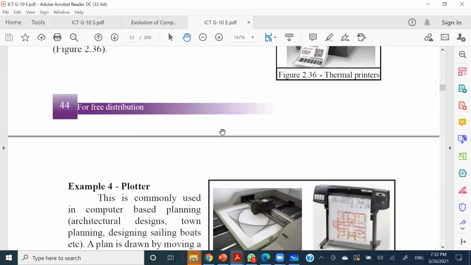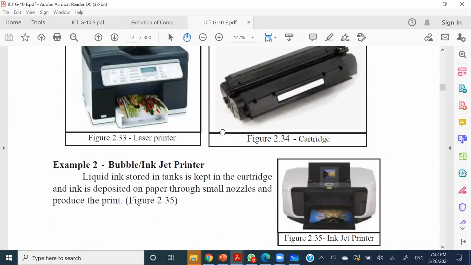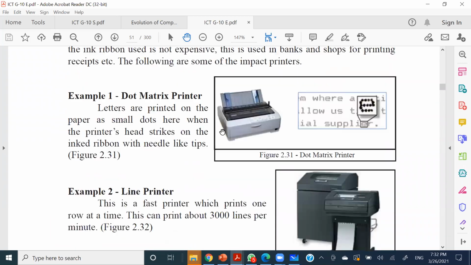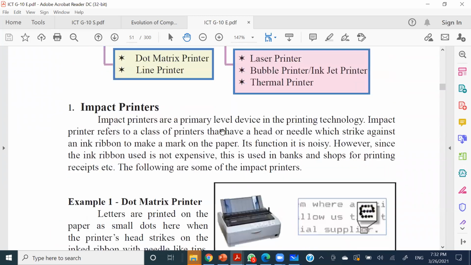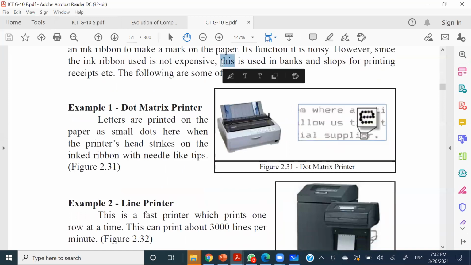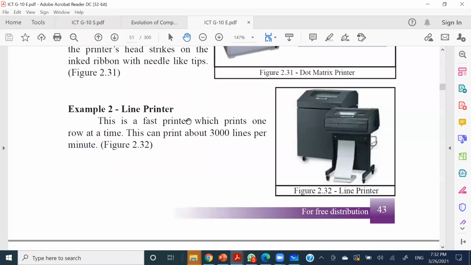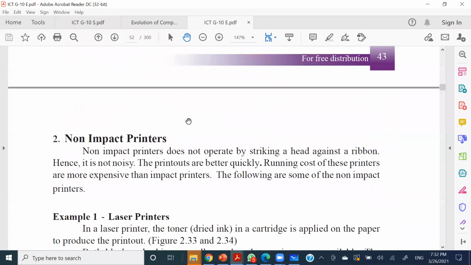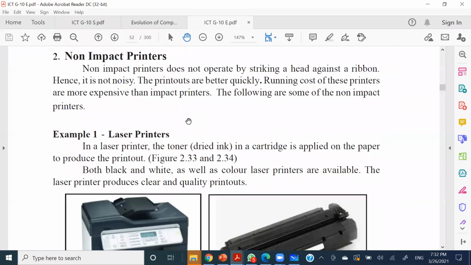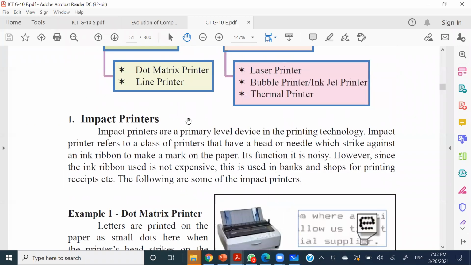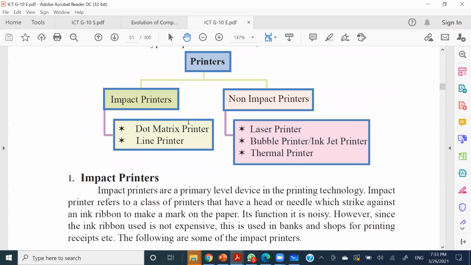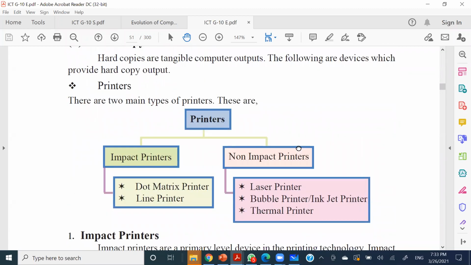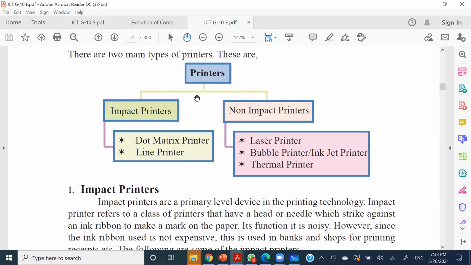Okay, and yeah, regarding the printers, this is what I need you to do. You can read through the things in the textbook. I'm not going to copy each and every point in the paragraph, right? So instead of that, it's better you write down, or draw, this particular structure, right?